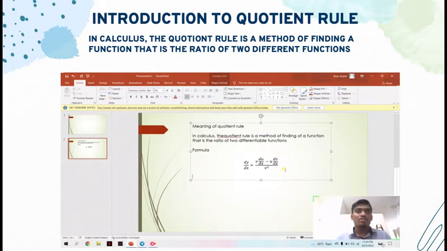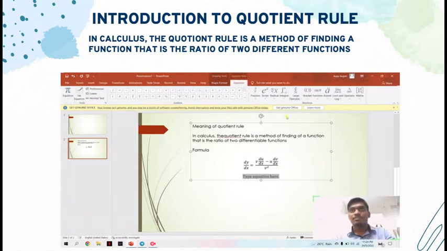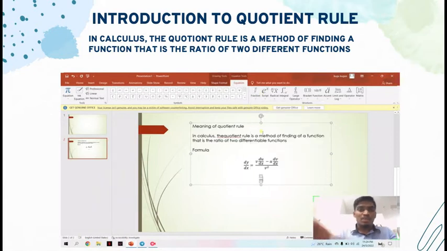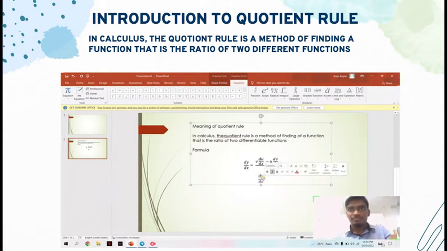Here, I'm going to show what dy per dx is, what v is, what du per dx is, what u is, and what dv per dx is. First is dy per dx.